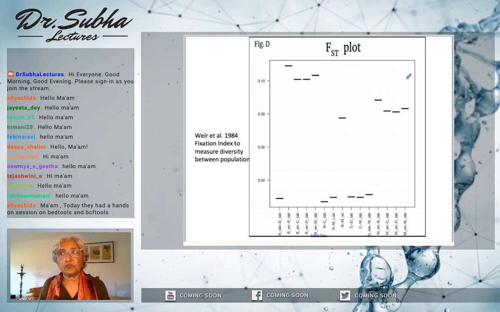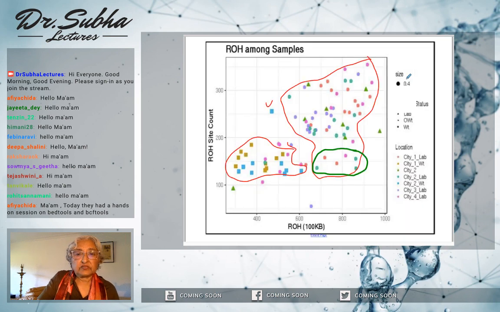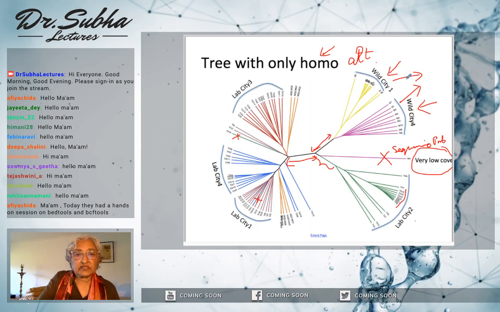And then I talked about fixation index. Remember that was in the last lecture. Why we did this fixation index is because you see that the lab strains, although they are coming from different strains, are very close to each other.